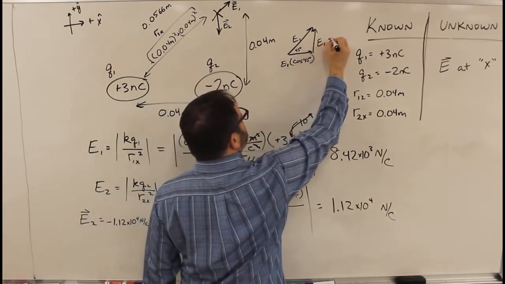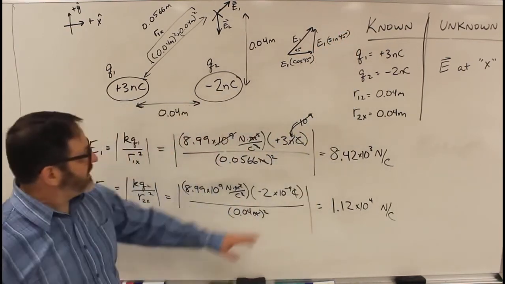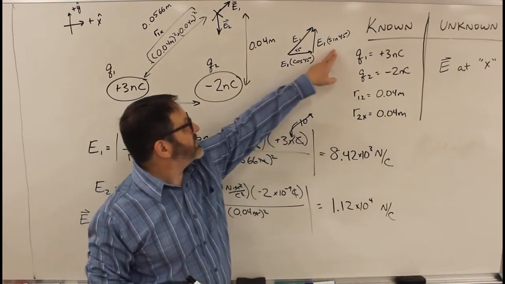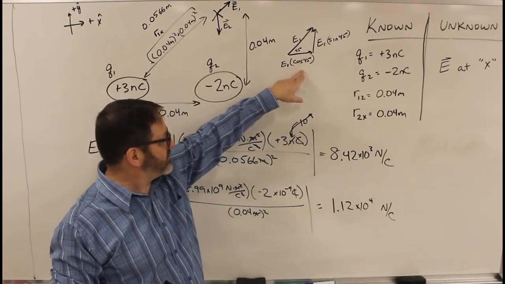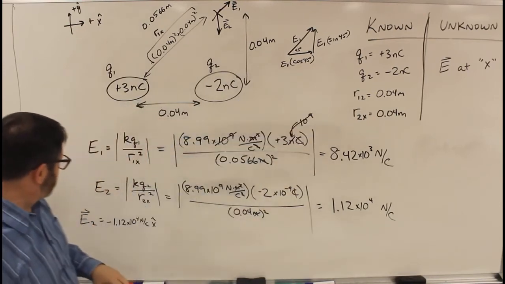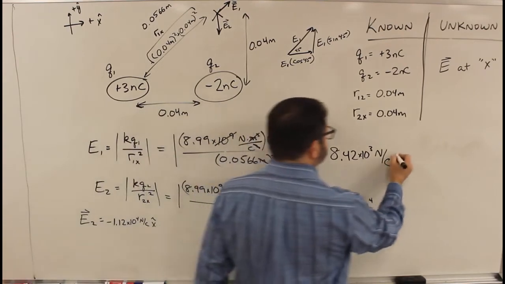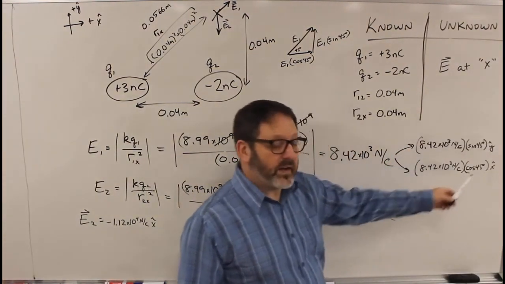This one is E1 sine 45. So we have to take this number, multiply it by sine of 45 and cos of 45, which actually both happen to be the same number, and then put those into the x and y components. So this gives us x and y components.